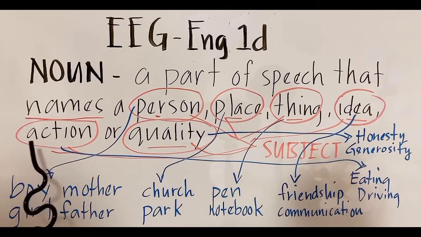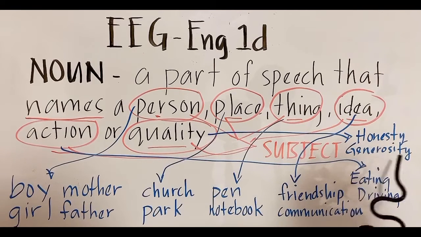Now for the action, can be eating, driving, jumping, biking. So they are like verbs with the ing. And for quality, it can be honesty, generosity, kindness, brittleness, and so on.